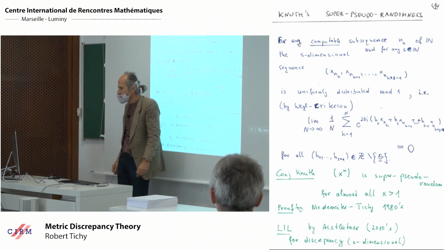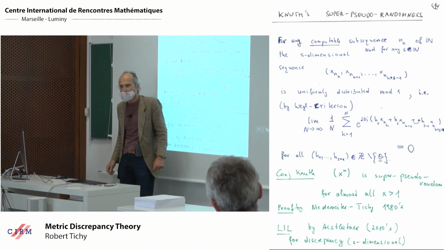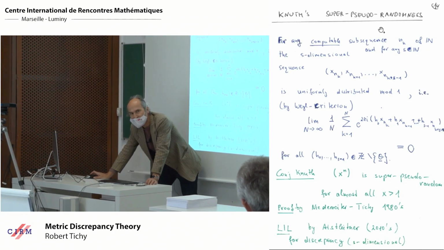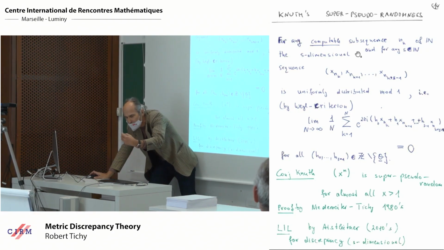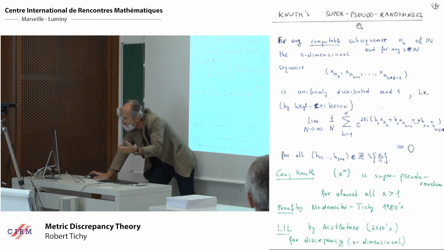formulated a lot of conditions, and the strongest condition he formulated is the following. I call it super pseudo-randomness. Yeah? Pseudo-random means a criterion, a deterministic property comparing a sequence with random sequences.